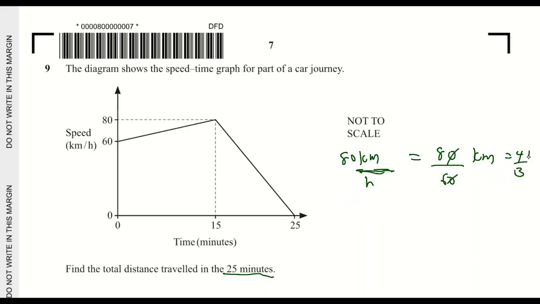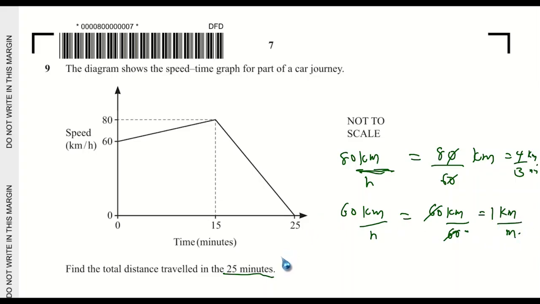We have 60 kilometers per hour, which is the same as 60 kilometers over 60 minutes. The 60 minutes cancel, and we have 1 kilometer per minute now. So now we are good to go.